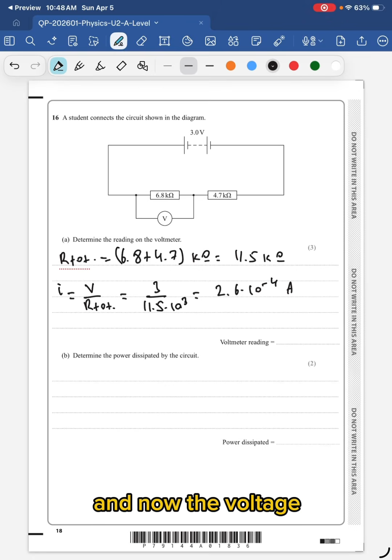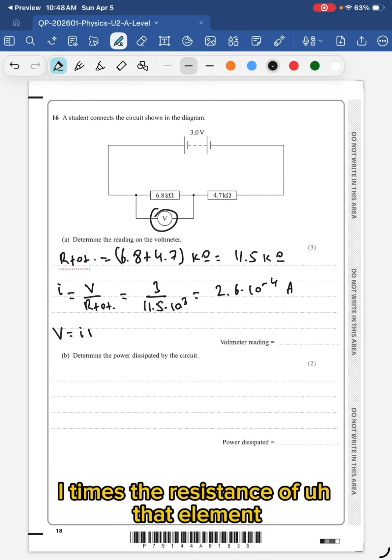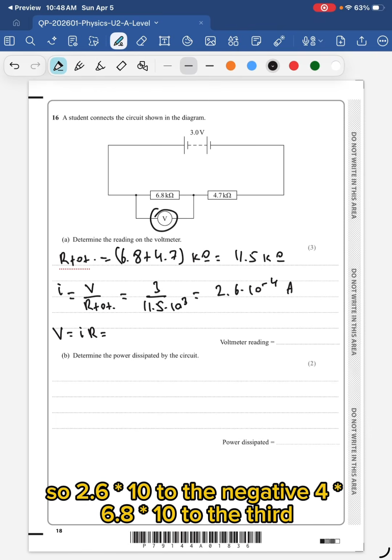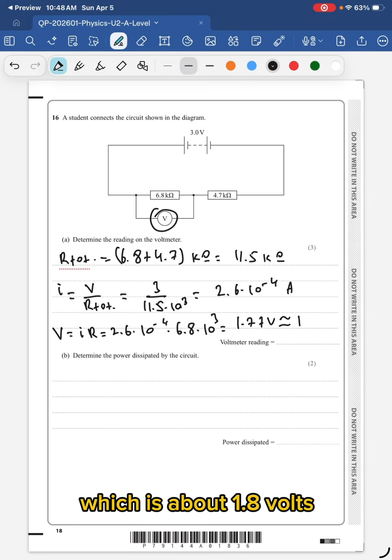And now the voltage, this voltage over there, is going to be I times the resistance of that element. So 2.6 times 10 to the negative 4 times 6.8 times 10 to the third, and we get 1.77 volts, which is about 1.8 volts.